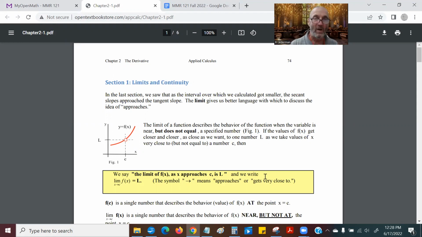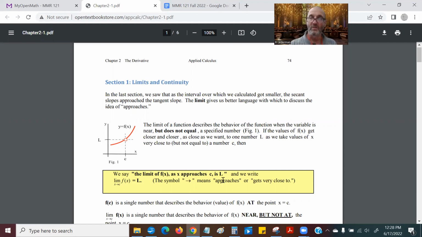So we write the limit as x approaches c of f of x is equal to L, and L will be the limit value. So the limit as x approaches 5 of f of x is equal to 27, or whatever. So c would be 5 and L would be 27 in the example I just said.